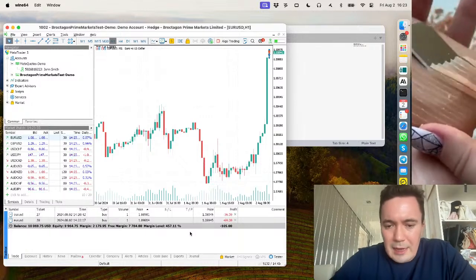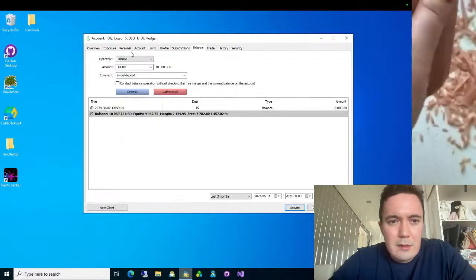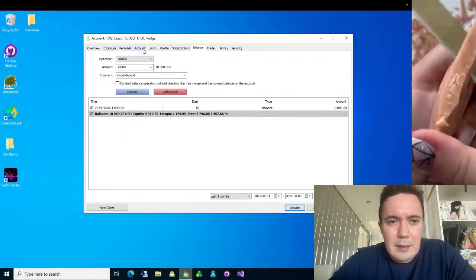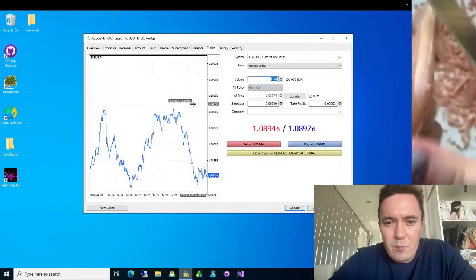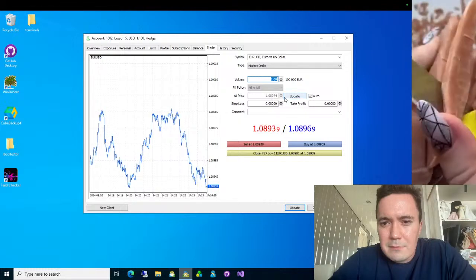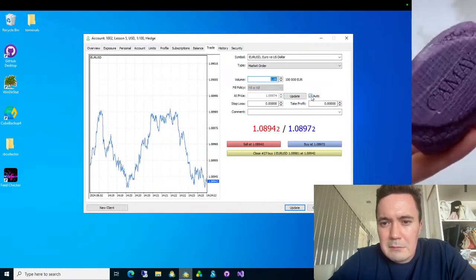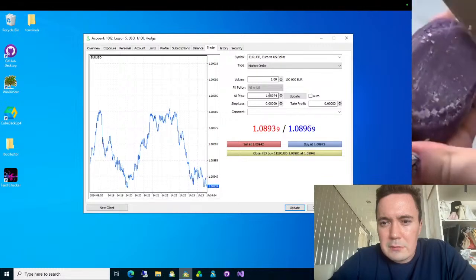How does it happen? Say we have these trades, can I make these trades more lossy? Can I modify the price?